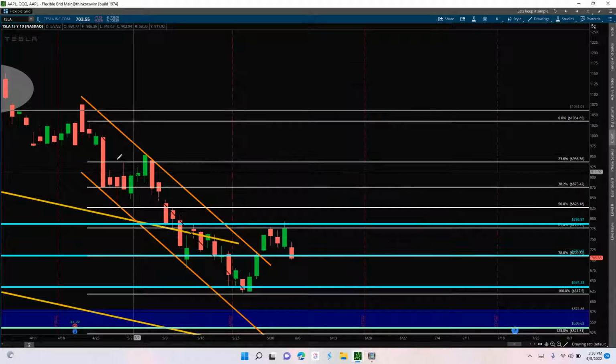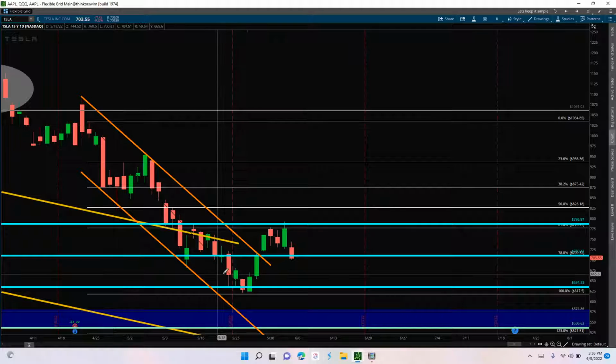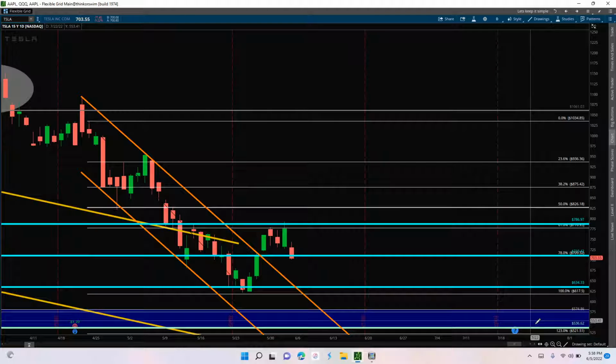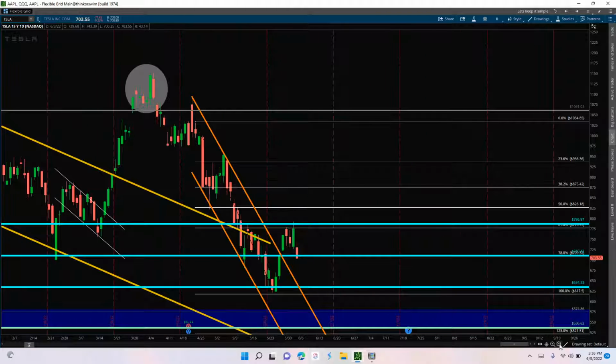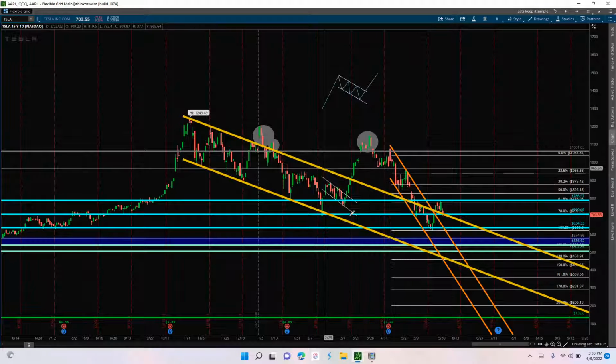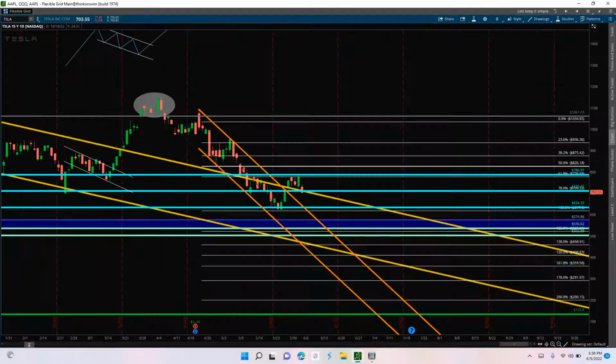All right, this orange one. And then here we broke out, but then the market got weak. So if I extend this to the right, notice how this bigger channel that we had from the past, if I were to extend it to the right, look what we have here.